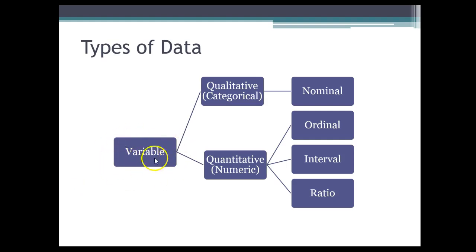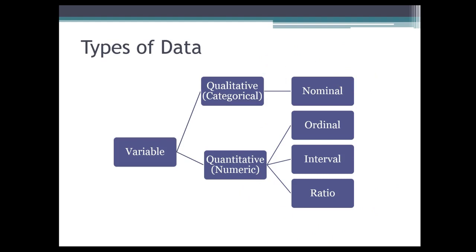Any variable could be either qualitative or quantitative. Qualitative data is categorical data. Qualitative means qualities, so categories. And quantitative is quantities, that's numeric. Within that, we've got these 4 levels of data, and we'll get more into that in just a second.